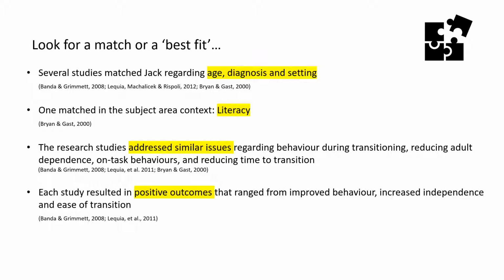Several studies matched Jack's age, diagnosis and setting. One matched the subject area, context, literacy. The research studies addressed similar issues regarding behaviour during transitioning, reducing adult dependence on task behaviours and reducing time to transition. Each study resulted in positive outcomes that ranged from improved behaviour, increased independence and ease of transition.